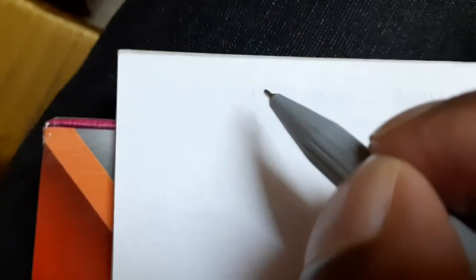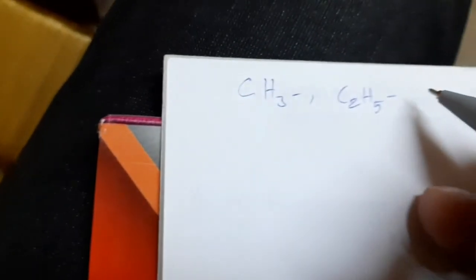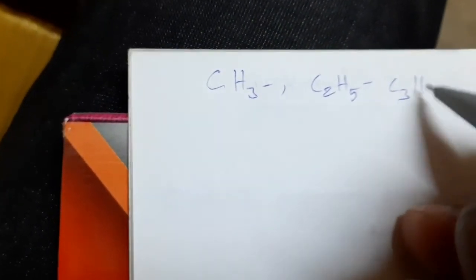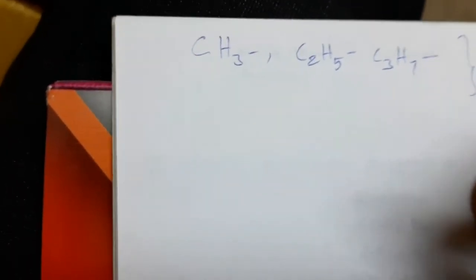Say this one. Electron releasing alkyl groups means CH3, methyl, ethyl, and propyl. These types of alkyl groups exhibit plus I effect.